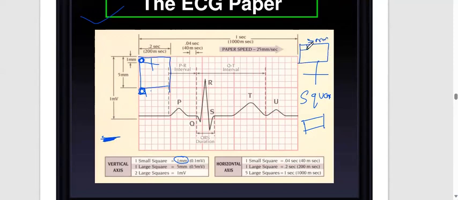So we have in each large box 5 small boxes. Okay, one, two, three, four, five. One, two, three, four, five. So to have 25 boxes, if we calculate, we have 25 mm.